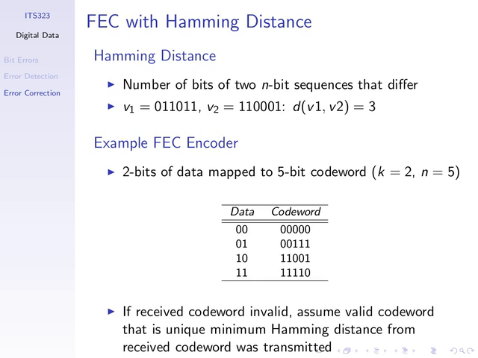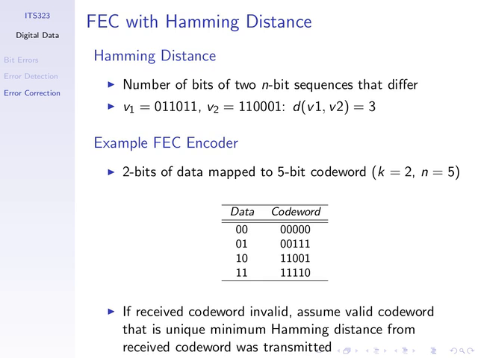The Hamming distance between those two sequences is the count of bits that differ. Look at the first bits. Are they the same? No, they differ. So we have one bit is different. These two bits are the same. These two are different. So we have two bits that are different. Same, different, so we have 3 bits different, and the same.